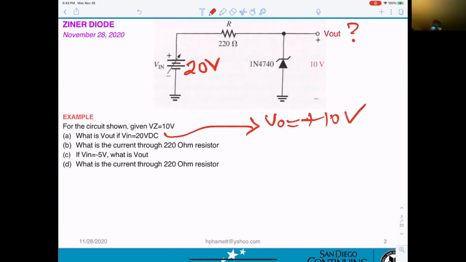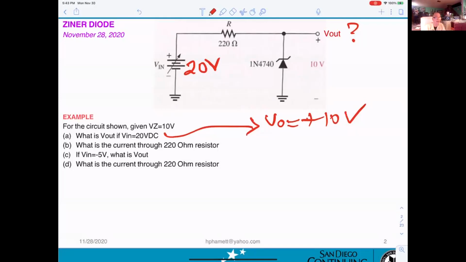And Mr. Pham, so it's really not 20 minus 10? No, that is a different story. Right now, we're talking about VR, and VR by mean is 10 volt. The voltage drop across R is 10 volt.